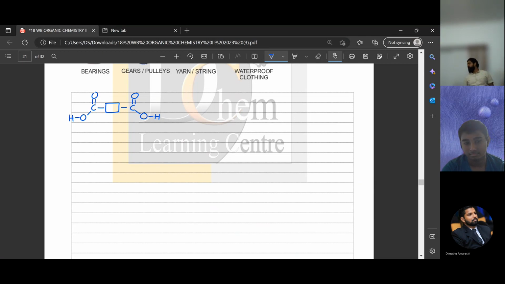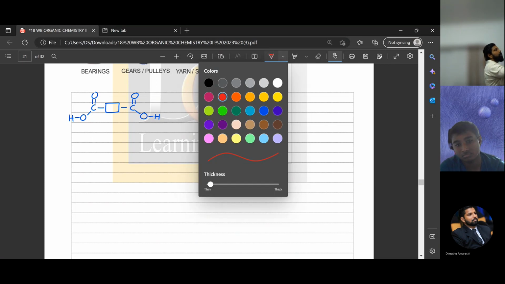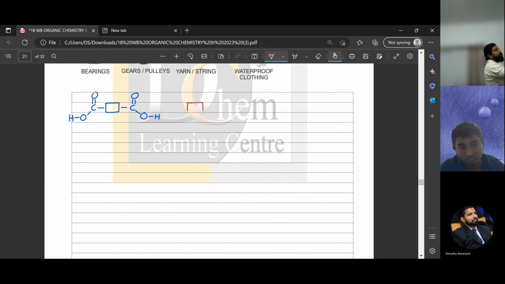Dicarboxylic acid. The other fellow is diamine. Now what is diamine? You have the box, something in the middle, and instead of oxygen, you have nitrogen. What's the valency of nitrogen?